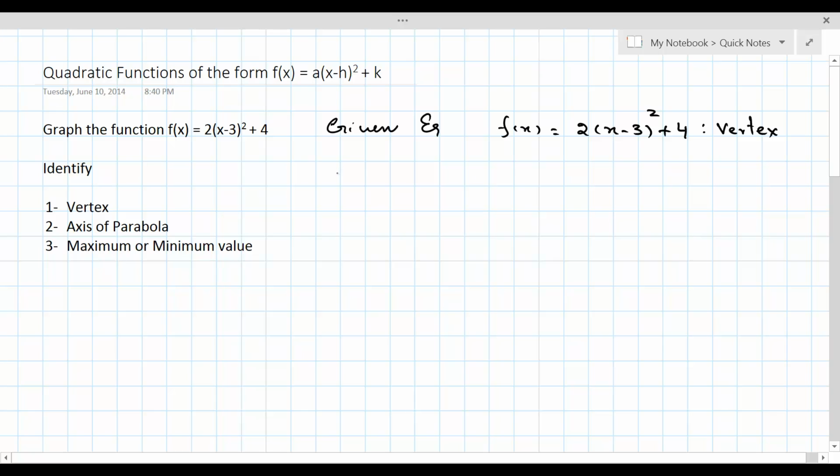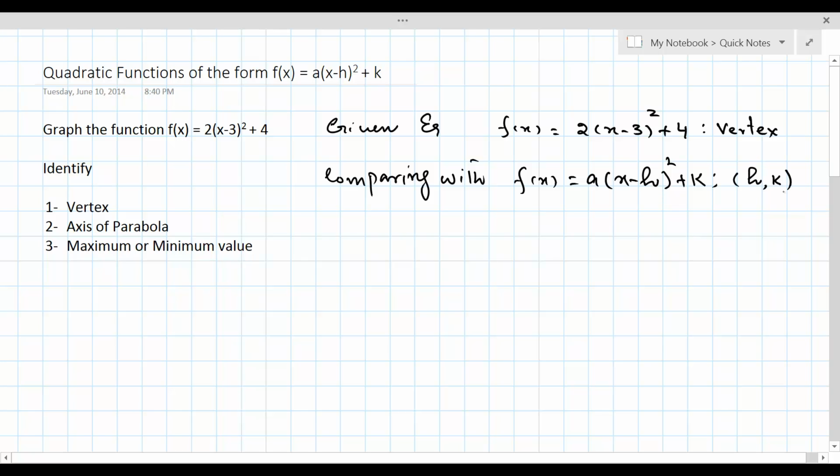If we compare it with the standard form, f of x equal to a times (x minus h) squared plus k, we know that the vertex is (h, k).